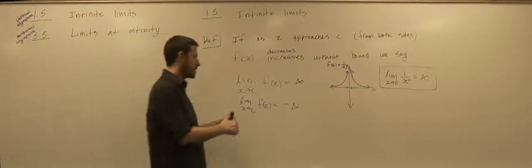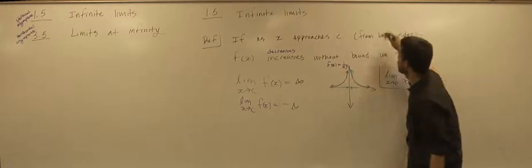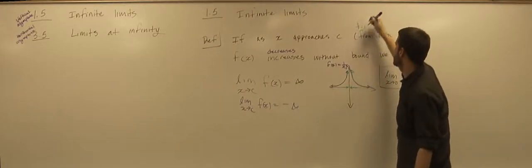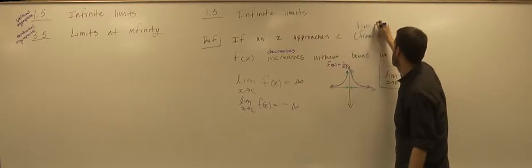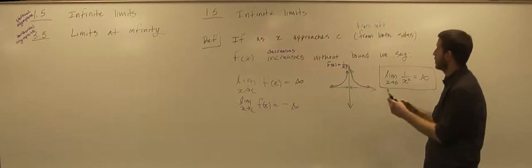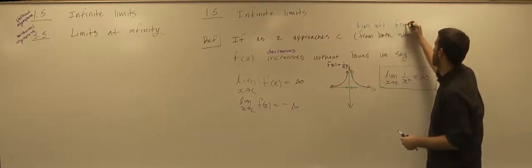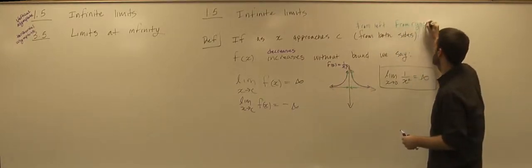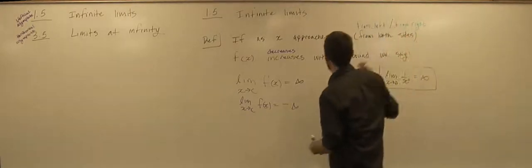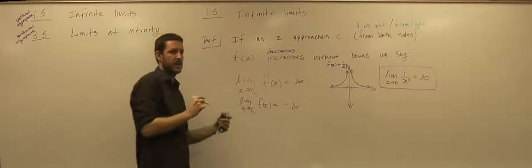The other thing I could do is, instead of saying from both sides, I could say from the left, or I could say from the right. What do you think that changes in my result here? The plus or minus on the c.